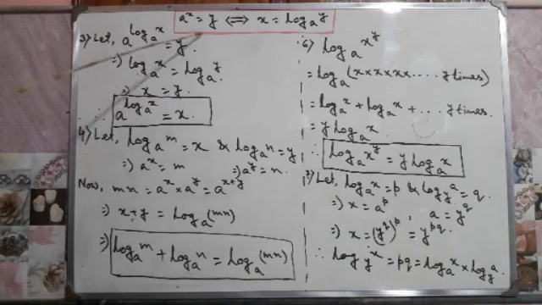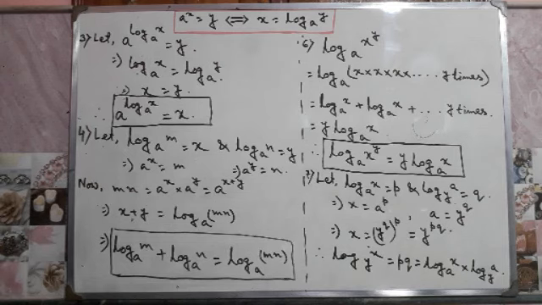Then from the definition we can say that log of this, a to the power log x to the base a, is equal to log y to the base a. Comparing both sides we get x equal to y. What was y? It is a to the power log x to the base a. So ultimately the value of a to the power log x to the base a is equal to y, that is x.